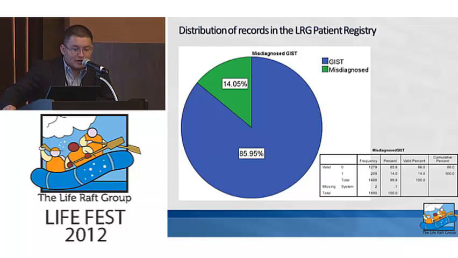This is a pie chart that shows us the frequencies of misdiagnosed GIST. Between all the records, 85.95% were diagnosed directly with GIST, and 14.05% of patients were misdiagnosed.